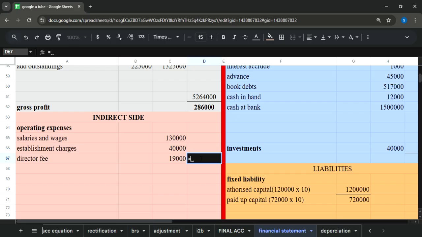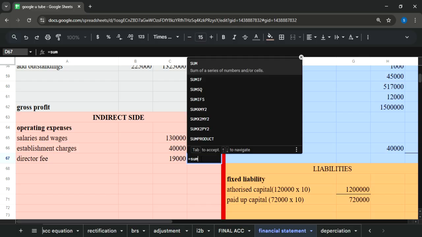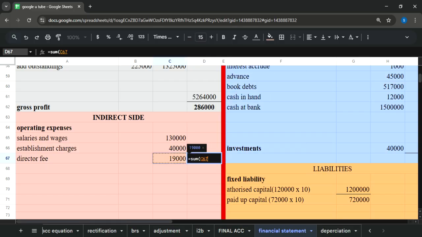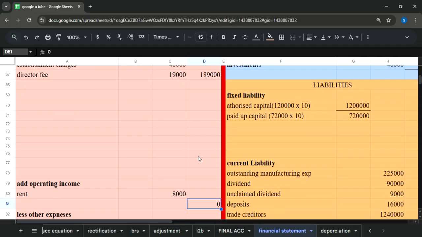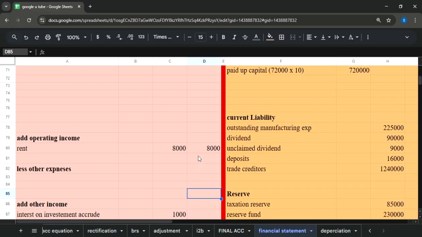Here first we will calculate the sum of operating expenses.